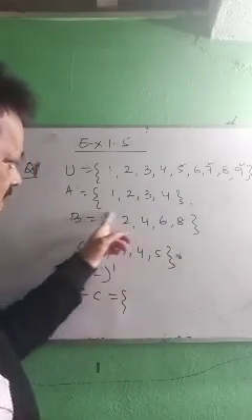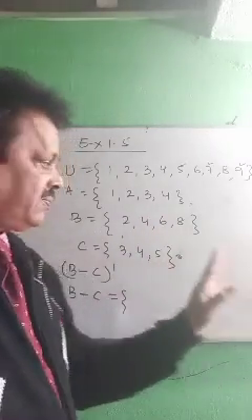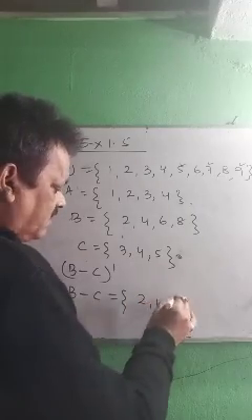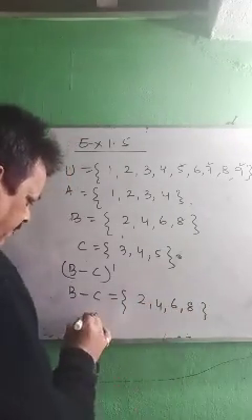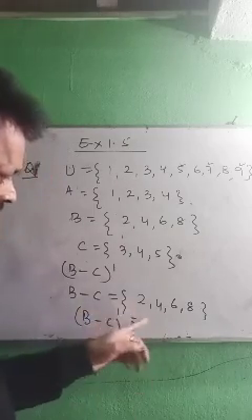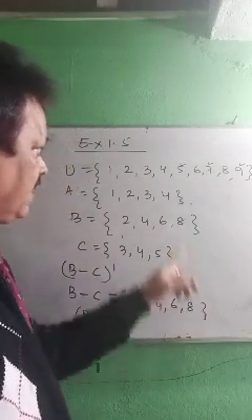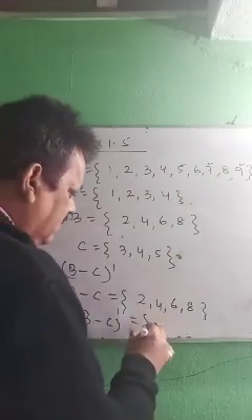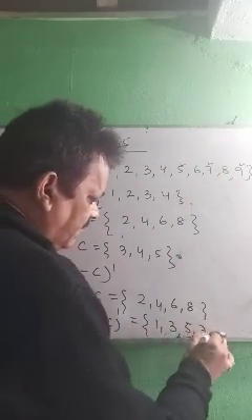That means all the elements of B you have to take, which is 2, 4, 6, 8. Then B difference C complement: complement means always you will go to universal set. 2, 4, 6, 8 you remove. Then what is left out? 1, 3, 5, 7, 9.